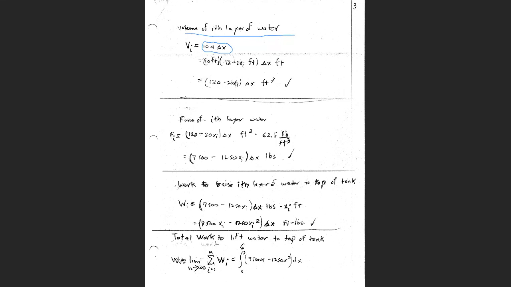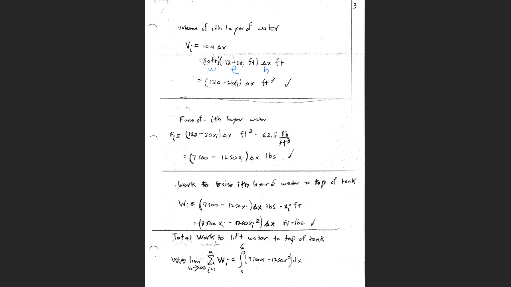And A, I already established, is 12 minus 2xi feet. What I do then is length times width times height, or width times length times height, if you want.